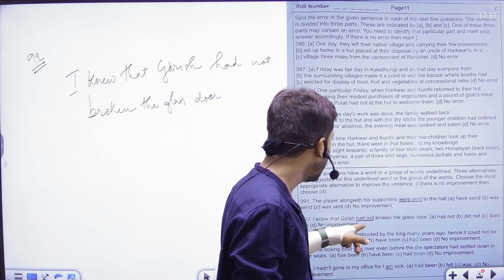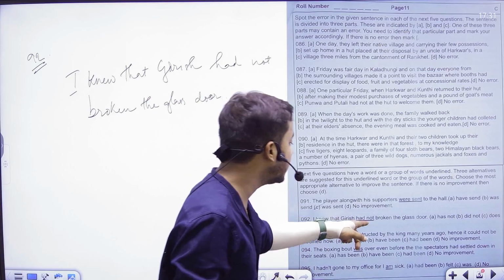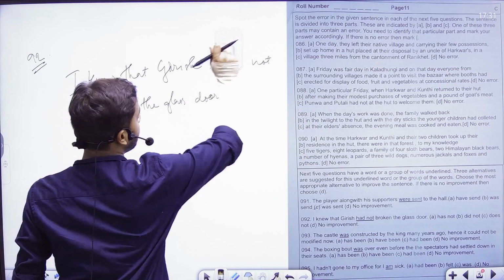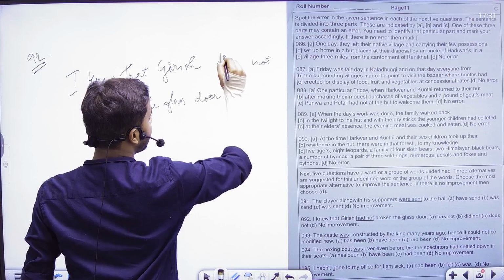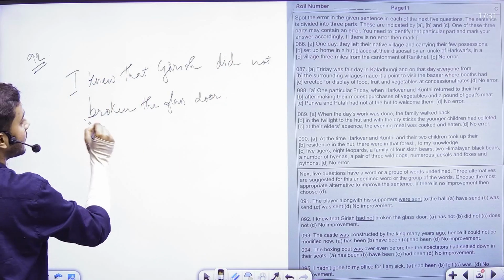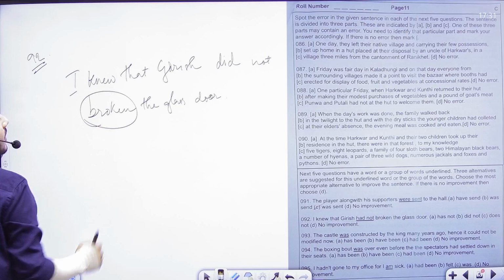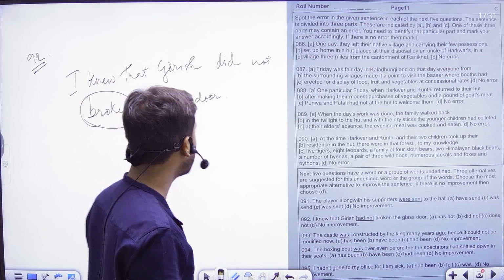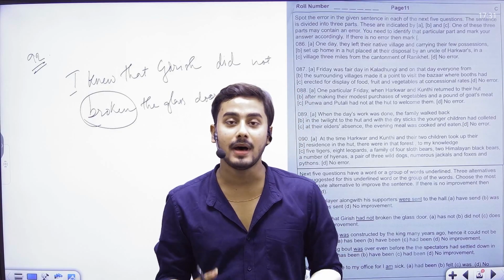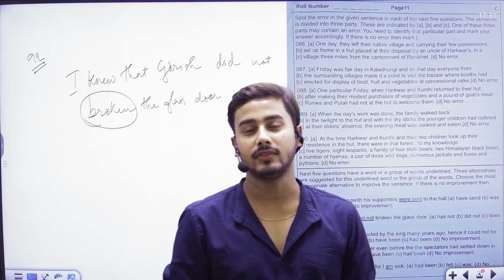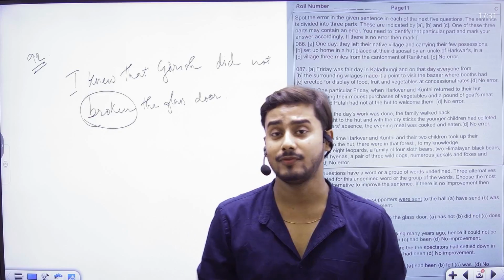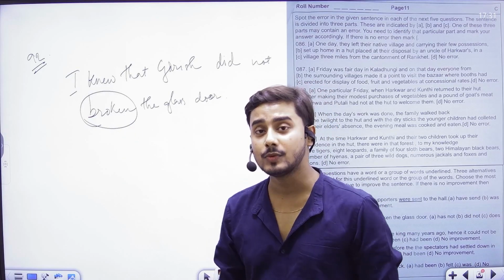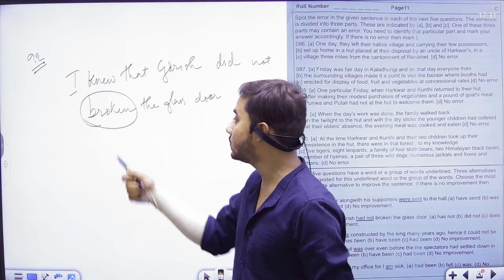So we could have gone with had, did not, but see, if we actually substitute had with did not, then in that case we cannot use the participle form of the verb broke, right? As we know, broken is basically the participle form, the third form of the verb break, the past form being broke. So here, as we look at the sentence, the participle form of the verb break has been used, which is broken.